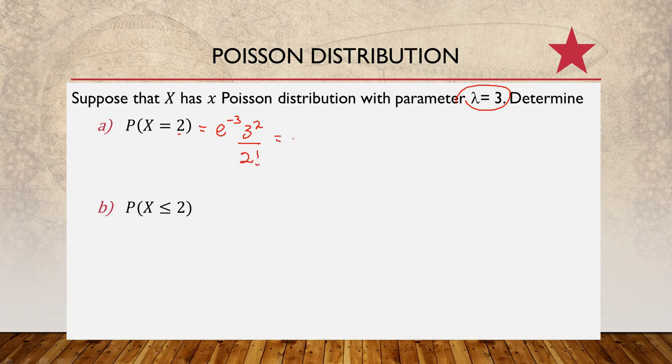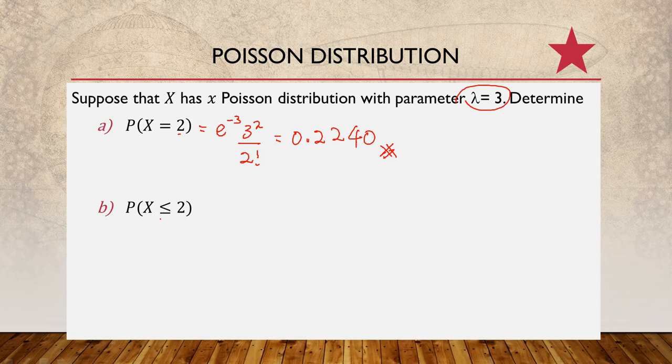By pressing the calculator, e power negative 3 times 3 squared over 2 factorial, we will have 0.2240.